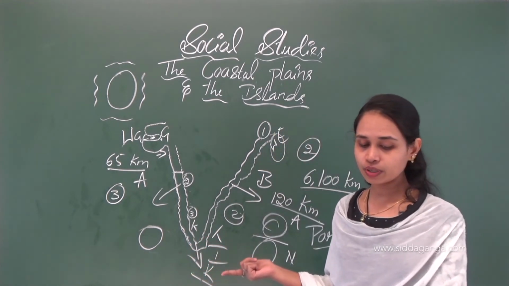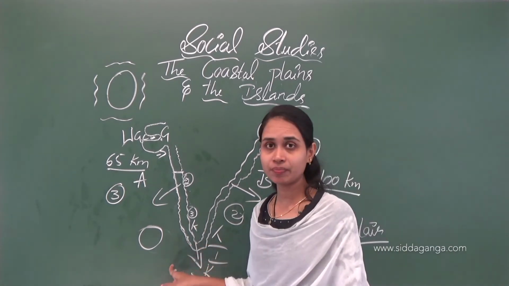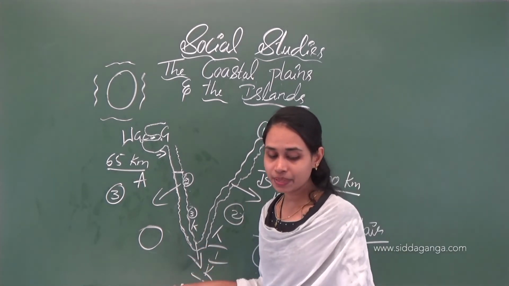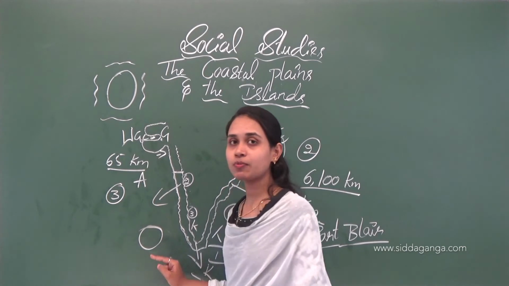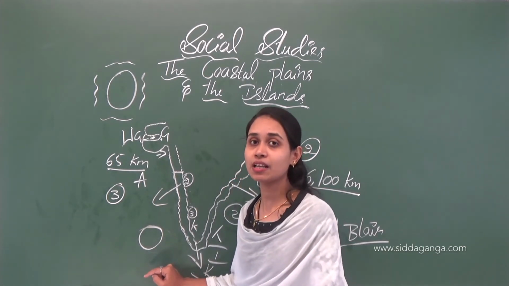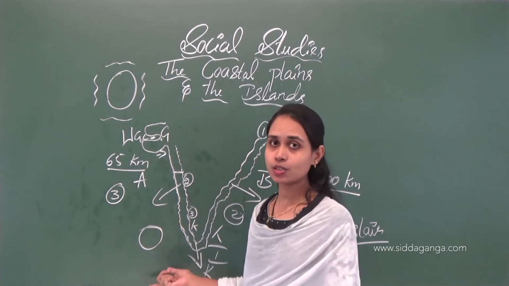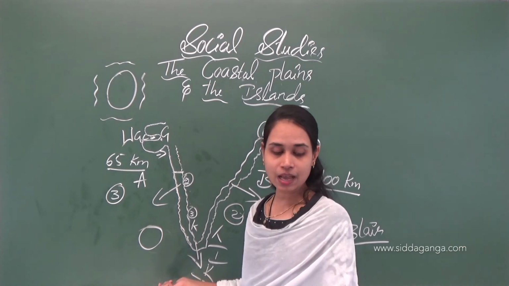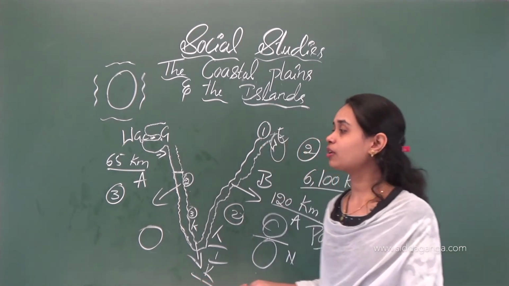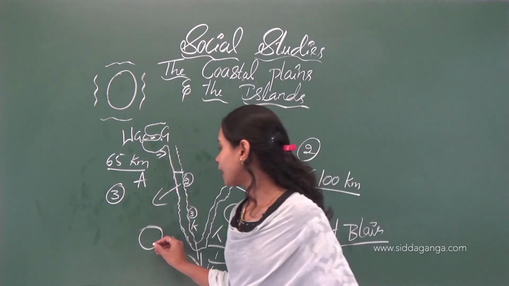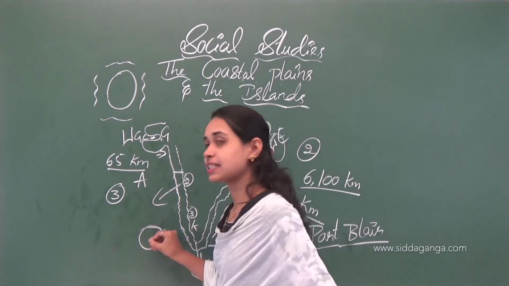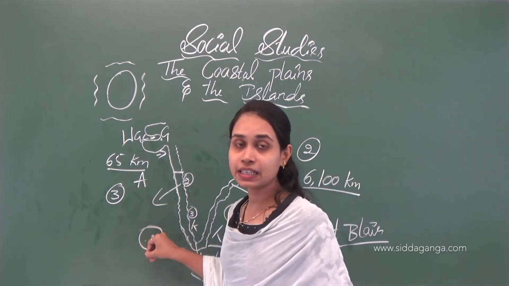Coconuts are also grown here in plenty. Malayalam is the language spoken here in Lakshadweep. Which language do they speak? Malayalam is the language they speak here, and Islam is the main religion in Lakshadweep Island.